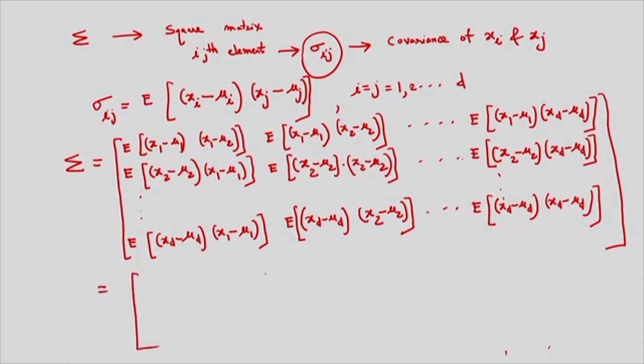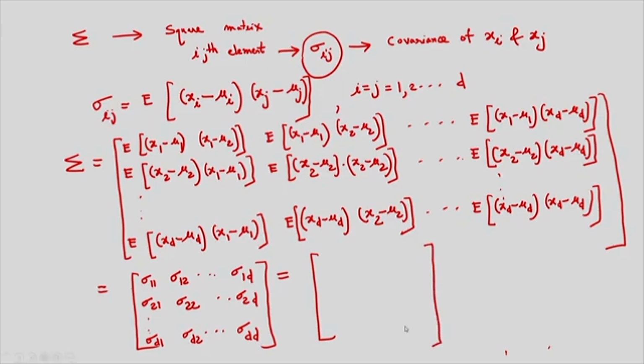That I can write like this: sigma 1 1, sigma 1 2, up to sigma 1 d; sigma 2 1, sigma 2 2, up to sigma 2 d; and the last row is sigma d1, sigma d2, sigma dd. That I can write as sigma 1 square, sigma 1 2, sigma 1 d; sigma 2 1, sigma 2 square, sigma 2 d; sigma d1, sigma d2, and sigma d square.